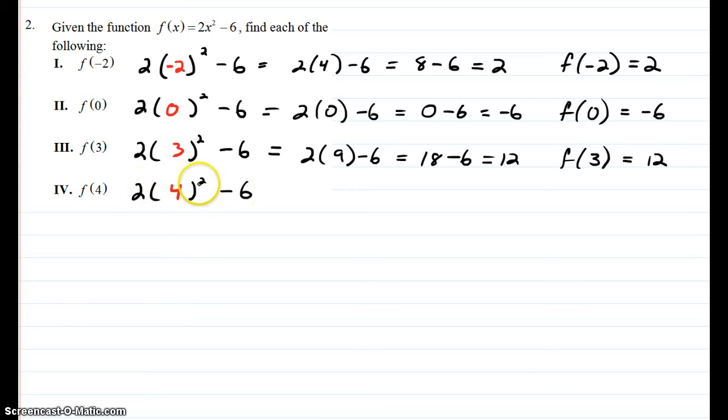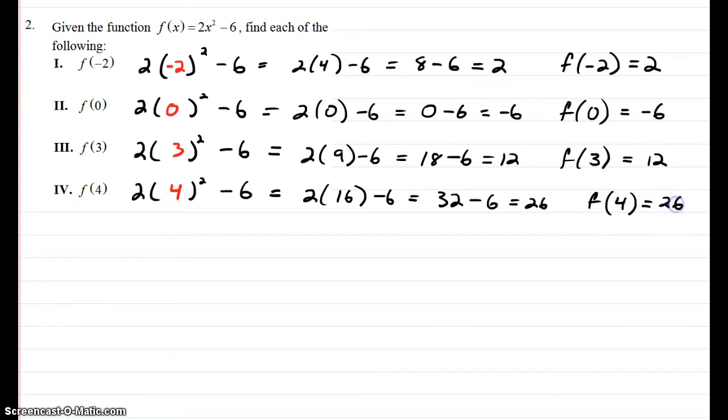And the last one, 4 squared gives us 16. 2 times 16 gives us 32. 32 minus 6 gives us 26. So when my input is 4, my output is 26.